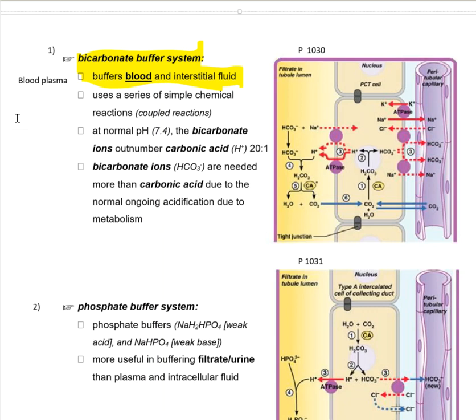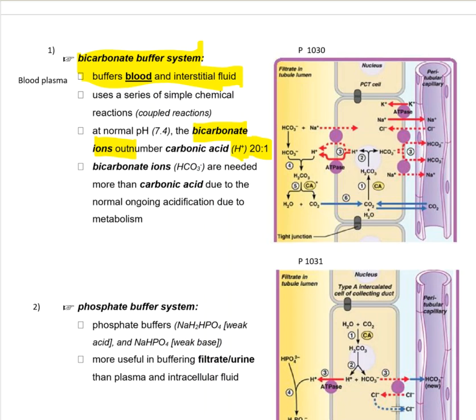And what it does is what we've kind of already talked about. What's basically happening is we have this large amount of bicarb ions outnumbering carbonic acid or hydrogen protons at about 20-to-1, and we need to maintain that, right?